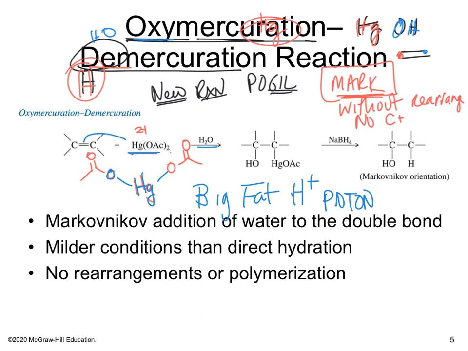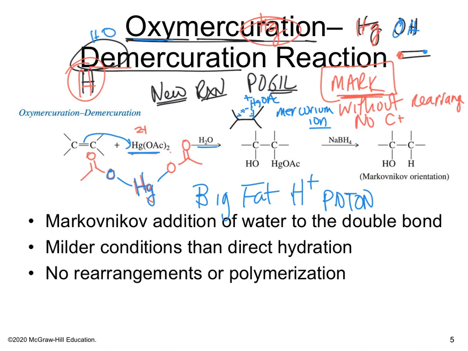So what's going to happen is here you get mercury acetate, and then you get this intermediate, and you get mercury OAc, and it actually forms this three-membered ring, okay? So this is called the mercurinium ion.